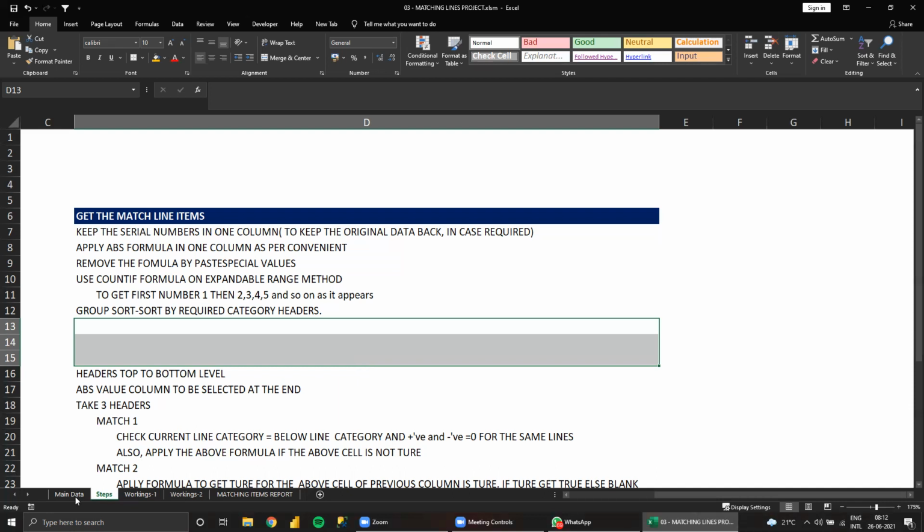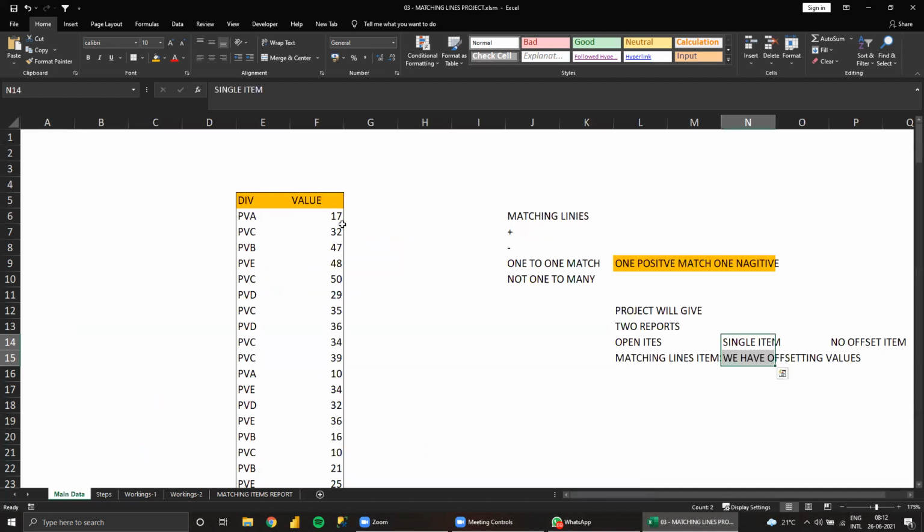That's why I told you at the beginning itself, what is my requirement? I need to segregate open items and matching items. How to segregate? One positive, one negative, same value, the total should become 0, right? So these 0 items we call both items matching.